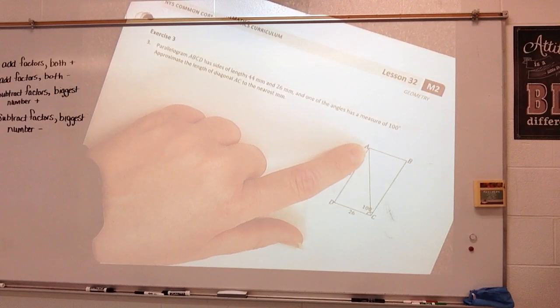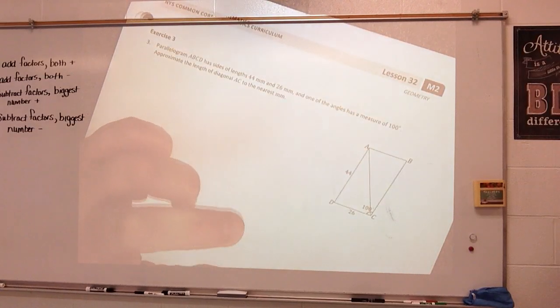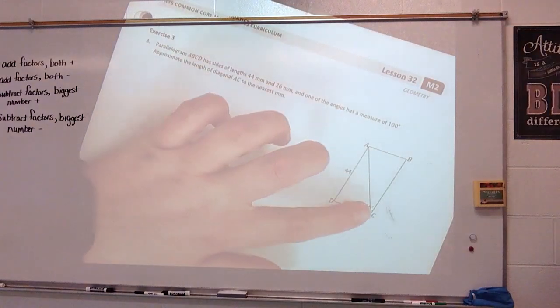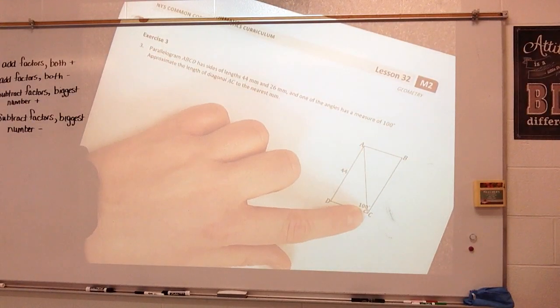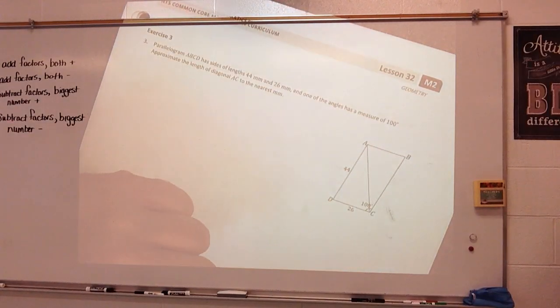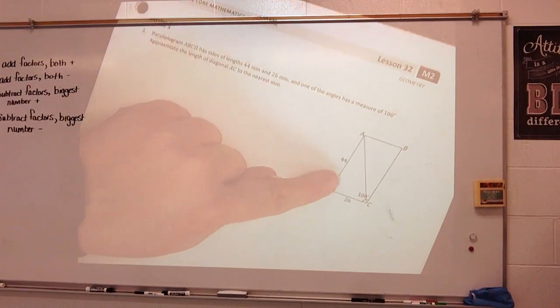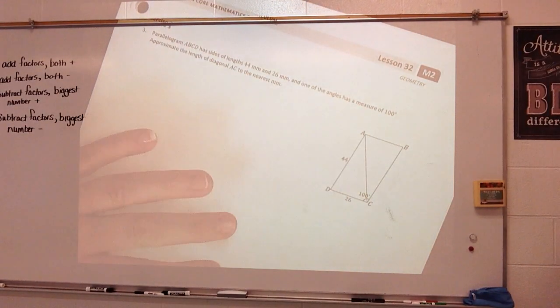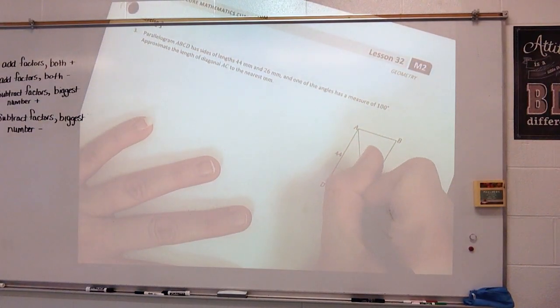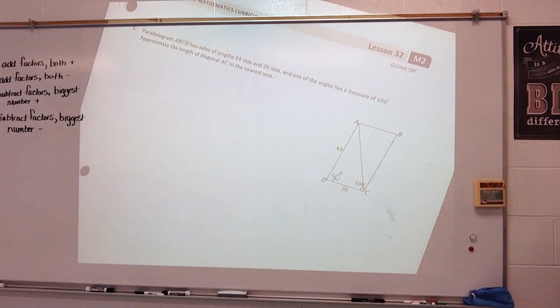The measure of the four angles in a parallelogram equal 360. So if A and C are 200, that leaves 160 to be divided among the other two. So that means that angle D must be 80 degrees.